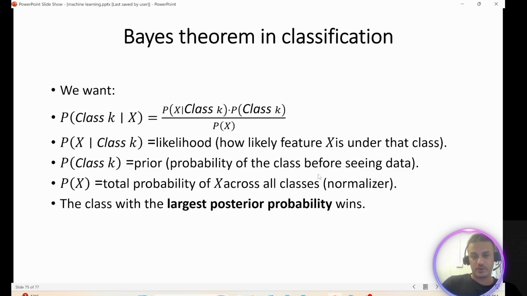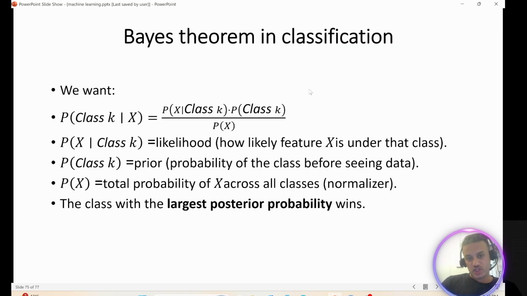This has to be normalized. The class with the largest posterior probability wins. Whichever has the largest posterior probability will win. So this is the equation that uses Bayes theorem in the LDA to find which class has the highest probability.